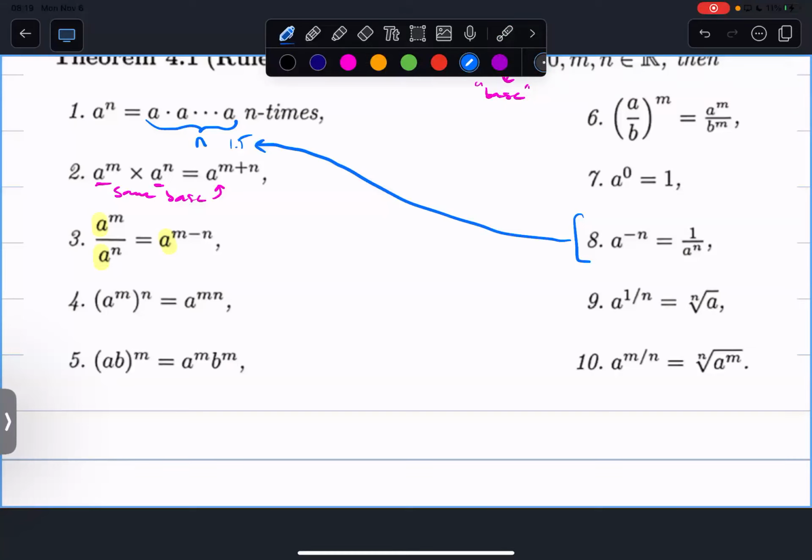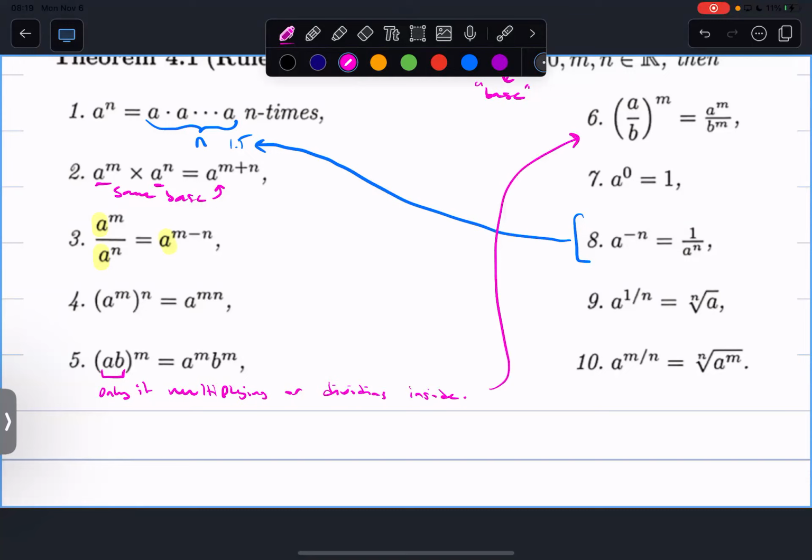And so here, this is only if multiplying or dividing inside. The division is over here. Okay. So then you're allowed to distribute, but never if you're adding or subtracting inside here.